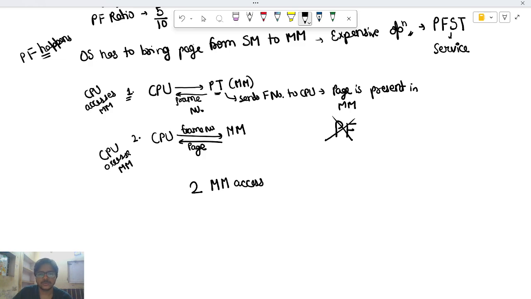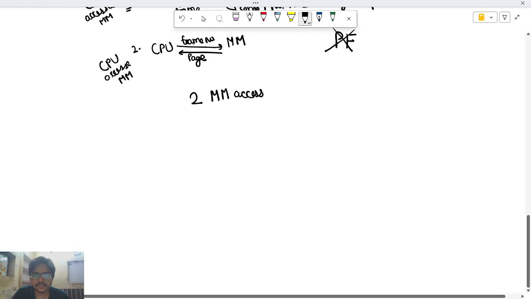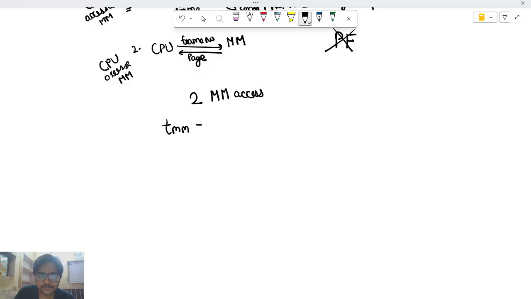So whenever a page fault doesn't happen, and in the problem you are given that main memory access time is, let's say, 5 millisecond, then how much time will it take for the CPU to access the page?